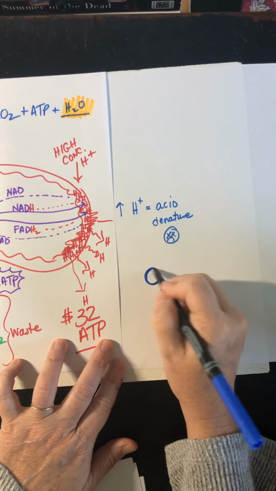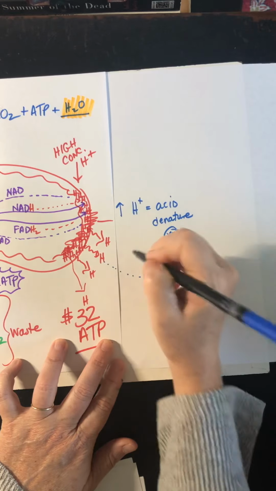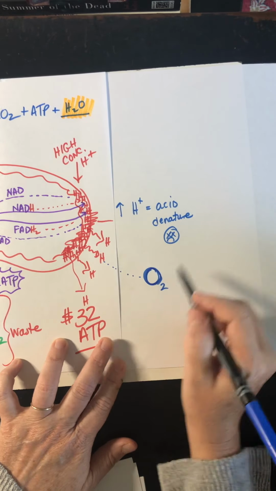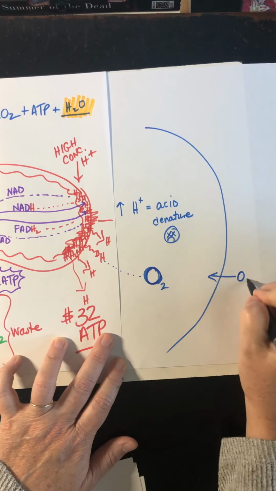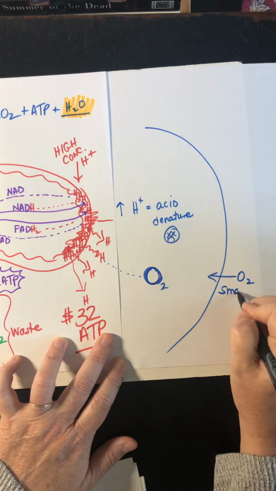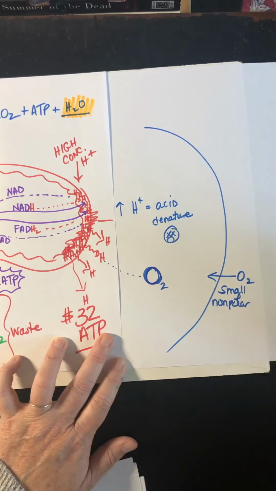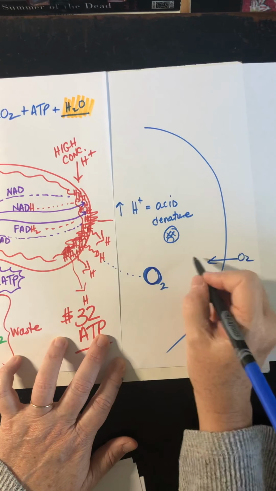So oxygen is very important because it has an affinity for hydrogen. And so every time you breathe in oxygen, the oxygen, so here's your cell membrane, can diffuse straight through because it's small and it's nonpolar. All right, so you can go straight through your cell membrane, thank goodness, all right? And it's going to diffuse in.